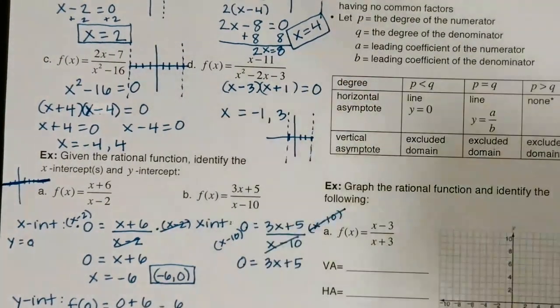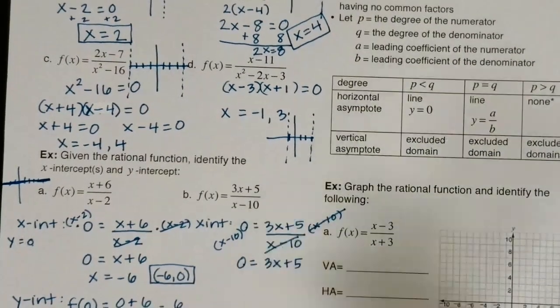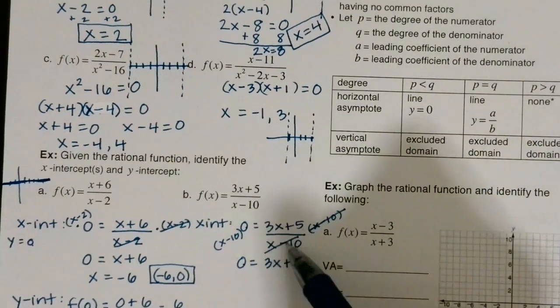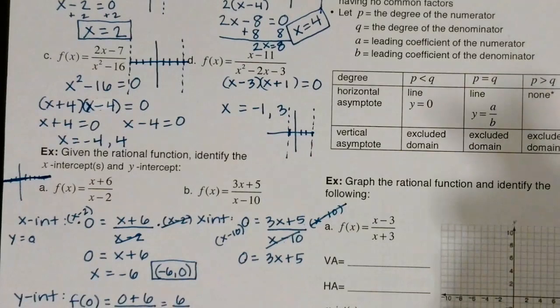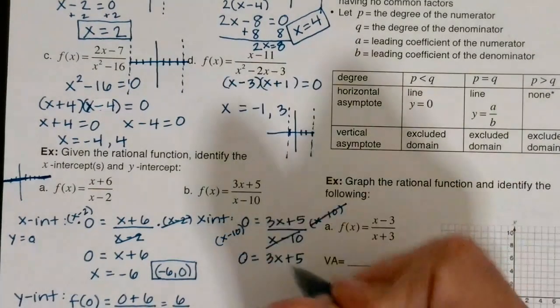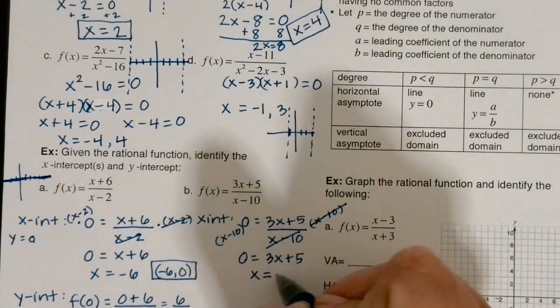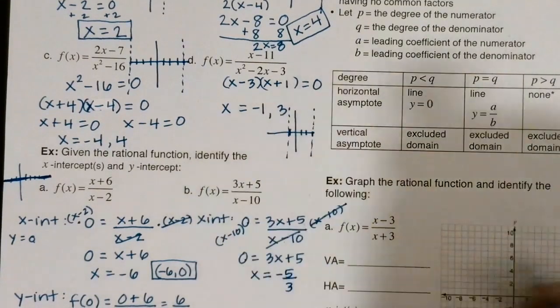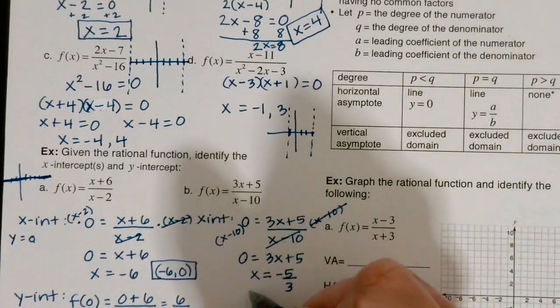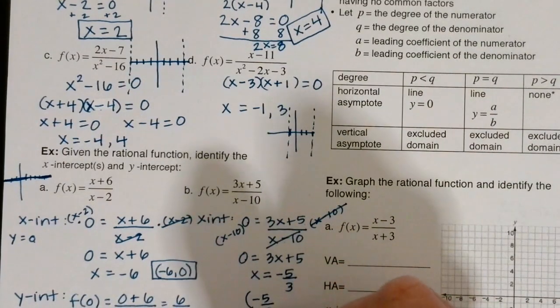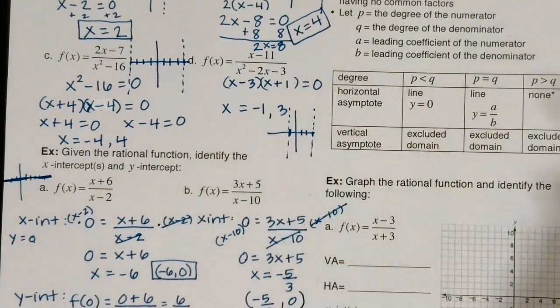So some people take it a step further and say, hey, I see that pattern, I understand the math, so I'm okay to use the pattern now. So then we subtract 5, and divide by 3. So x equals negative 5 over 3. Okay? So we have negative 5 over 3, comma 0.